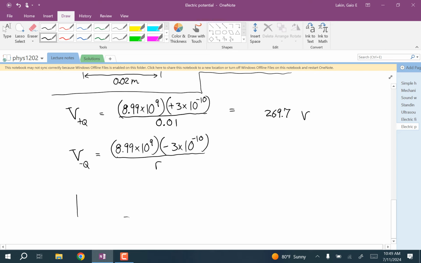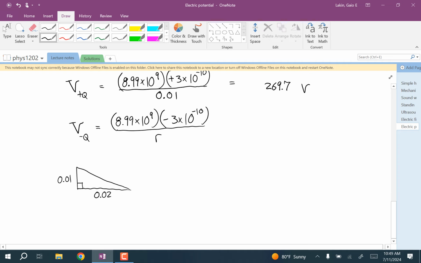We have to figure out what that R is. So here's what we have. We know that this leg is 0.01. This leg is 0.02. Well, if you figured out that angle, you could use SOHCAHTOA. But the easiest way to do this is just the Pythagorean theorem. So the square root of 0.01 squared plus 0.02 squared.